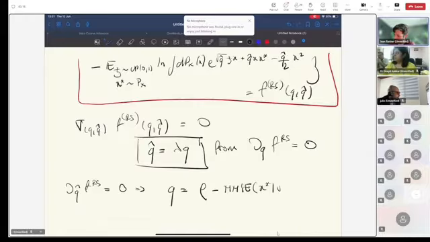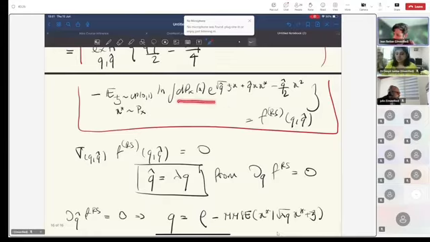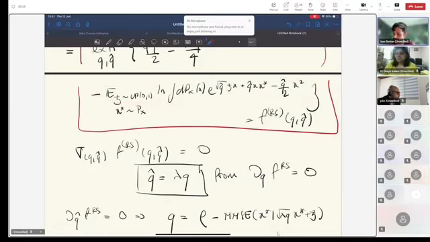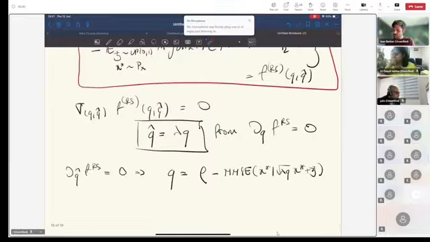We have the scalar denoising problem with the signal-to-noise ratio lambda Q that appears. Here, if you go back to the beginning of the lectures, you realize that this object that appears in the replica formula is related to the mutual information of the scalar denoising problem, where the signal-to-noise ratio is this q hat, the Fourier conjugate, which is equal to lambda Q, okay? So that's it. We obtain the replica formula.